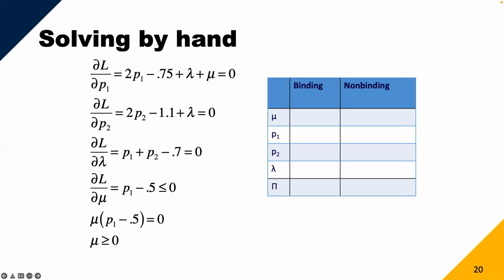If P1 is 0.5 and that makes this equal to 0, then that's your binding constraint. And if mu is equal to 0 and P1 is allowed to be something else, that's non-binding.